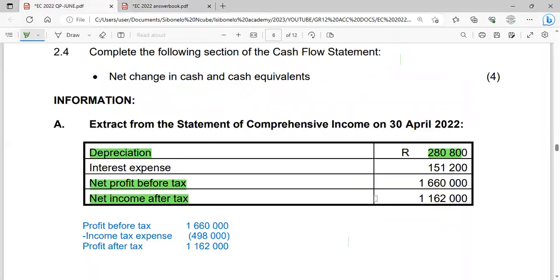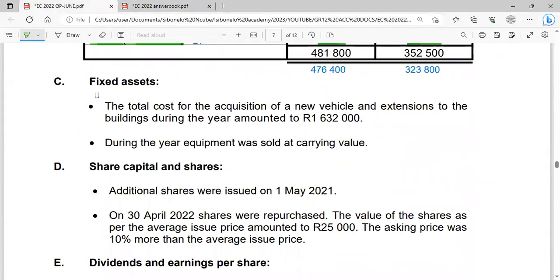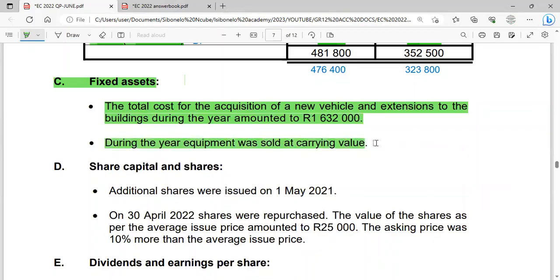So we're gonna check that. So additional information C talks about fixed assets. So let us read here. The total cost for the acquisition of new vehicles and extension to the buildings during the year amounted to 1,632,000. So during the year, equipment was sold at carrying value.